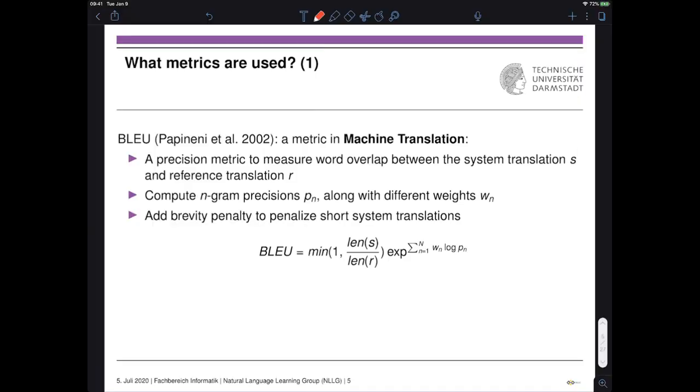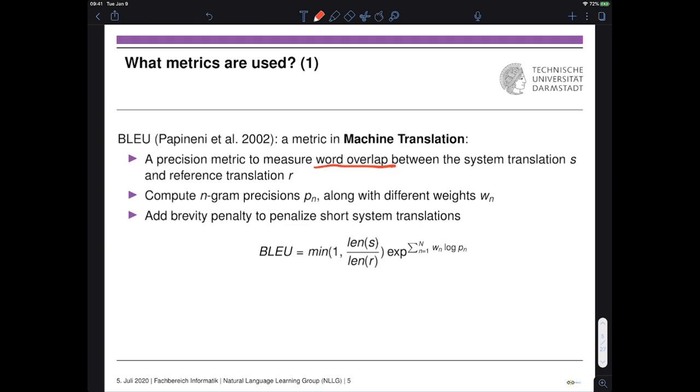Now let's see what metrics are being used. The most popular one is BLEU score, which is the metric to evaluate the translation quality of system translations. In general, BLEU score counts how many words are overlapped between system translations and human reference. We have many different ways to compute word overlaps.